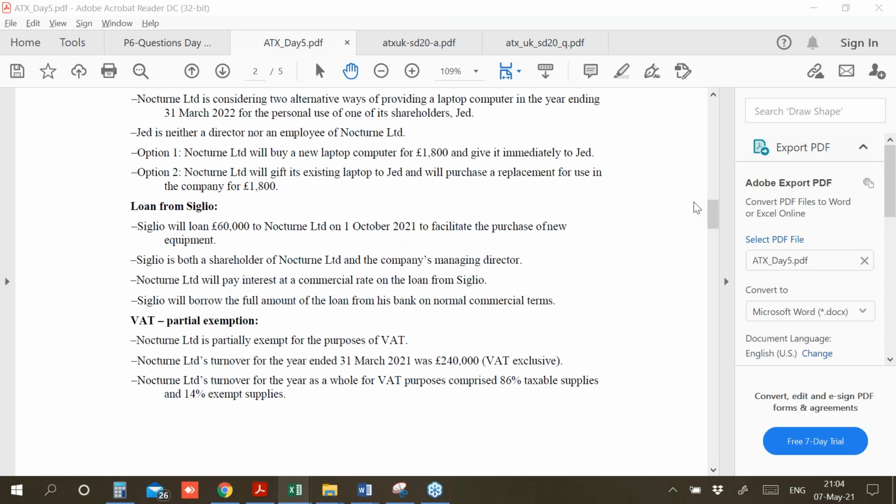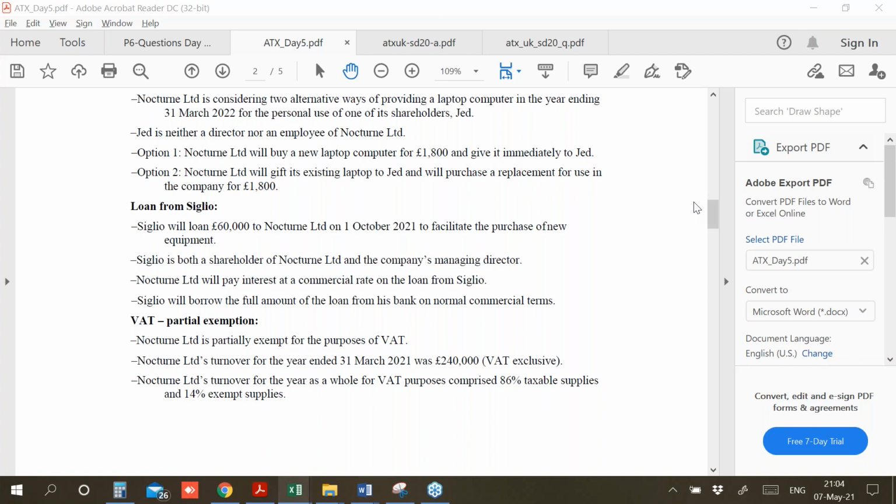Now, there's a relief called qualifying loan interest relief. Do you think that this loan will be a qualifying loan? Yes, because one of the criteria is that you borrow the money to invest either in a partnership or in a company. This loan has been specifically taken to invest. Therefore, Siglo can deduct on his tax return the interest of the loan, considering this as a qualifying loan.